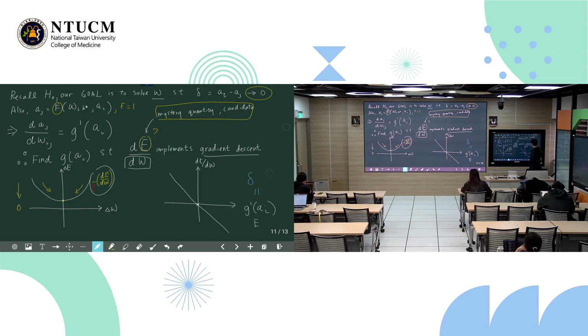What was it? Delta Ai is equal to negative dE by dW, right? And if that's the case, then with respect to the change in weights and the change in the loss function, it will be a gradient descent.